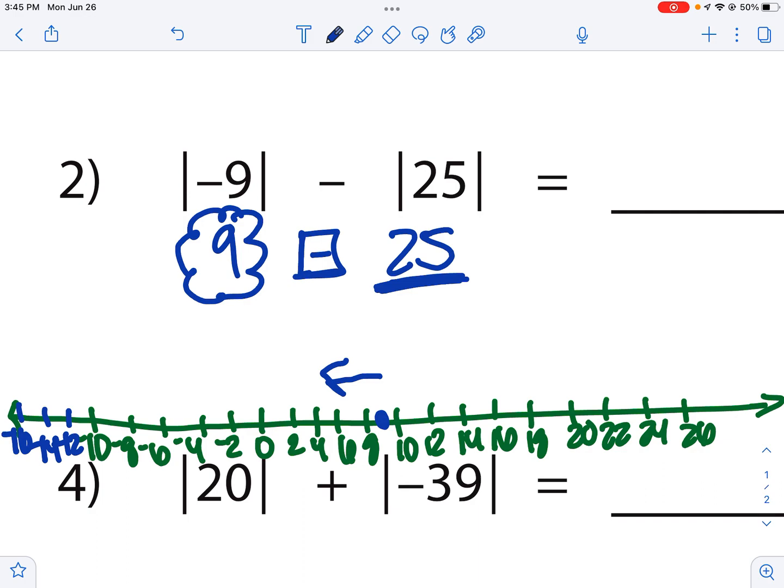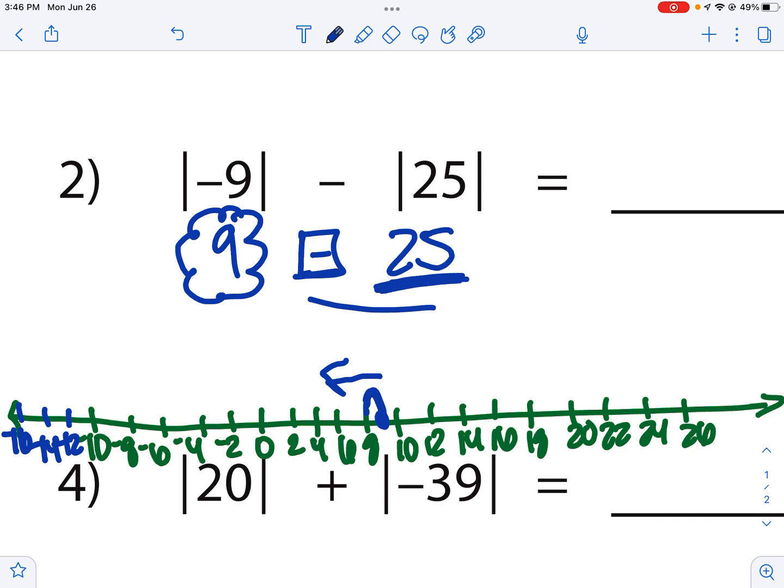Okay, so I'm going to start at 9 and keep counting backwards 25. Okay, so this is 9. So let's see, 9, 8, so that would be 1.